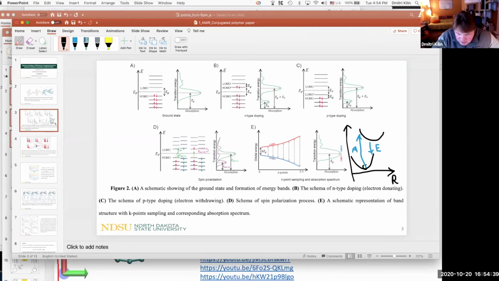So here is the geometry in equilibrium, and when you excite to the first excited state, the geometry experiences reorganization to a different value of internuclear distance, and then the energy offset for the excitation becomes smaller than it was originally for the unexcited system.